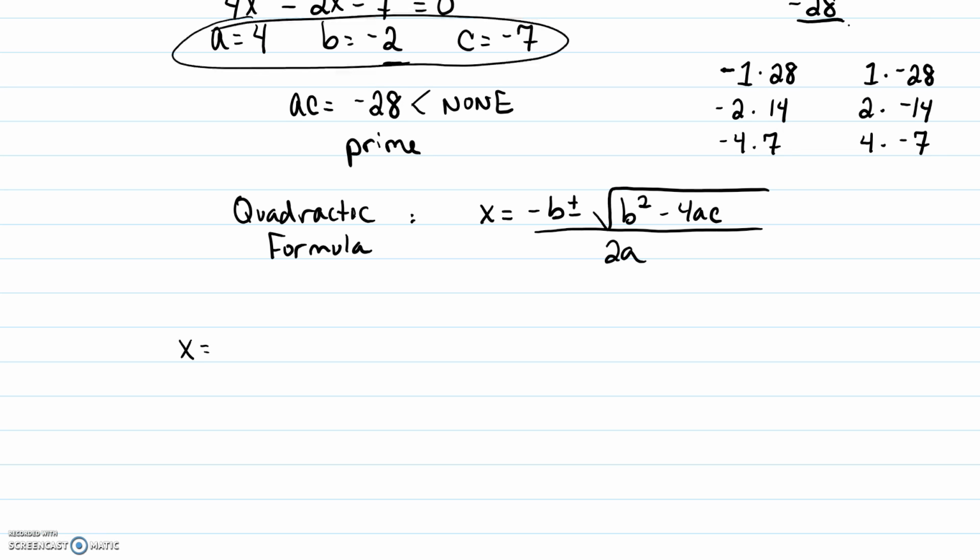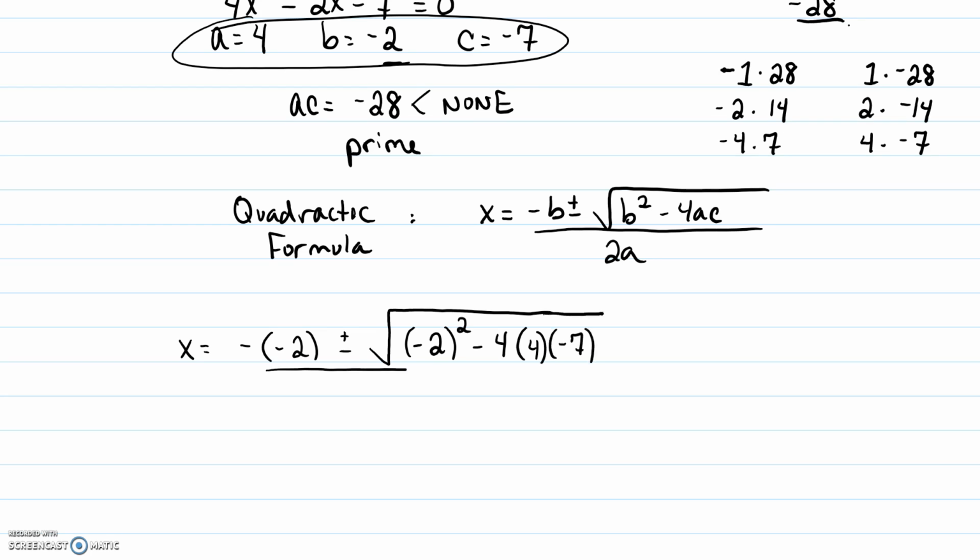So from up here, negative b is a negative 2, so watch your signs, plus or minus. Now under the radical, all of b is squared, so all of negative 2 needs to be squared. Go ahead and put that in parentheses. Minus 4, a is 4, c is a negative 7. All of this is going to be divided by 2 times a.